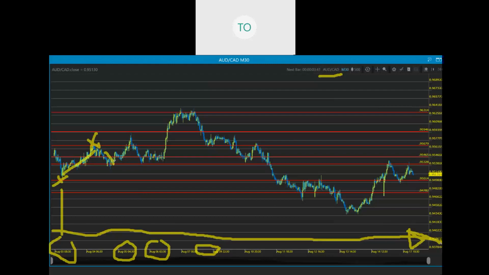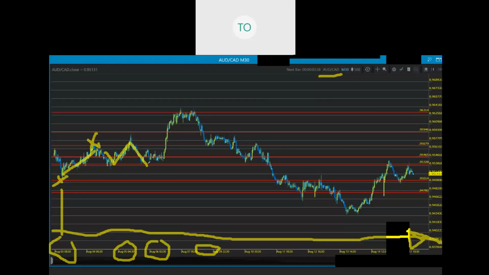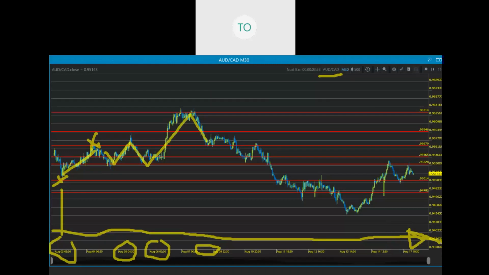Then it went down, up, down, up, down, up, down, up. This is what the market does. It moves up and down. These ratios keep changing. So the big question is, how does one make money in Forex?